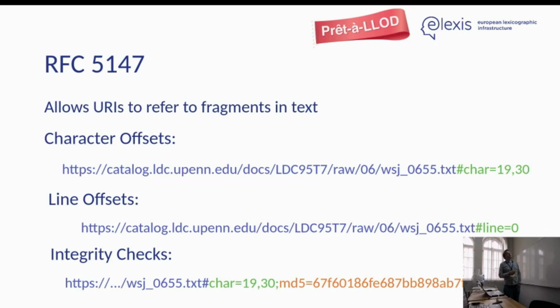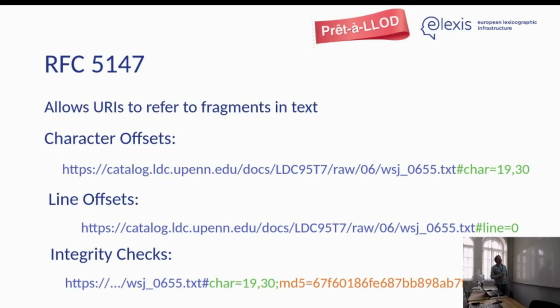If the fragment is of the form hash character equals, and then start and end, then we can choose a certain range of characters in a document. The RFC also defines some other useful things. We can refer to whole lines. So we can use a line offset, so line equals 0 for the first line, because we're computer scientists and we start counting from 0. So the first line is line 0.